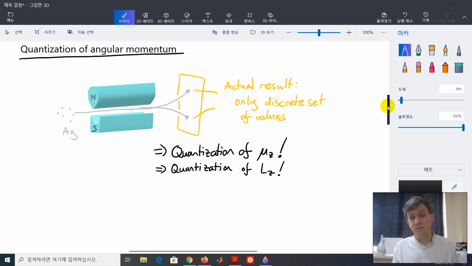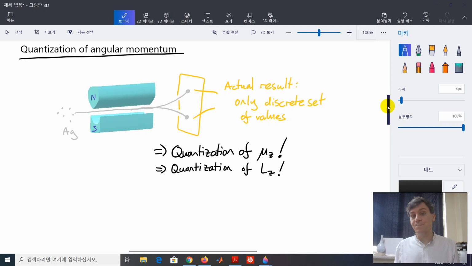When we looked at quantization of energy, we saw that depending upon what the system is, different atoms and so on will have different energy levels. So the values of the energy quantization are very specific to each individual system. But for angular momentum, the quantization is completely independent of the kind of system you have.